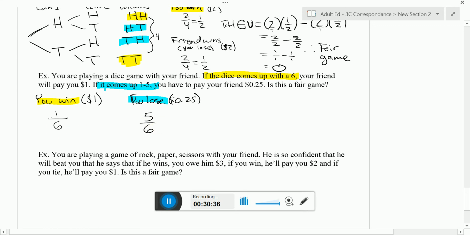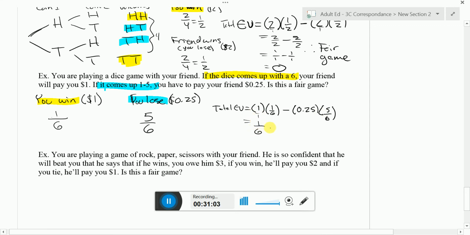Now, just because the odds are different doesn't mean it's not a fair game. To find if it's a fair game, you have to find the total expected value. Again, this is the expected winnings. You win $1 1 out of 6 times, minus the expected losings, which is $0.25. That's 5 out of 6 times. So we make that out of 1.